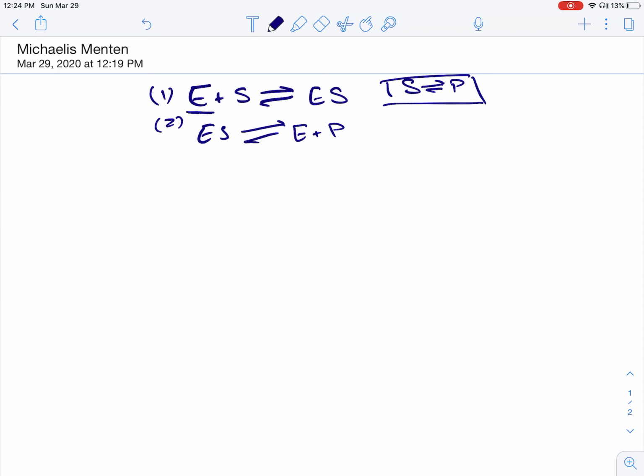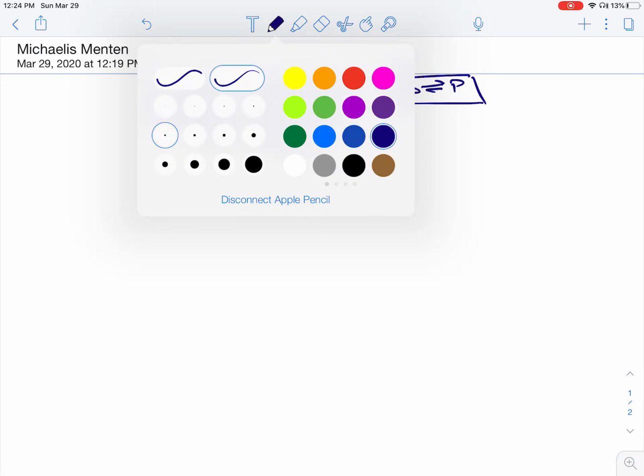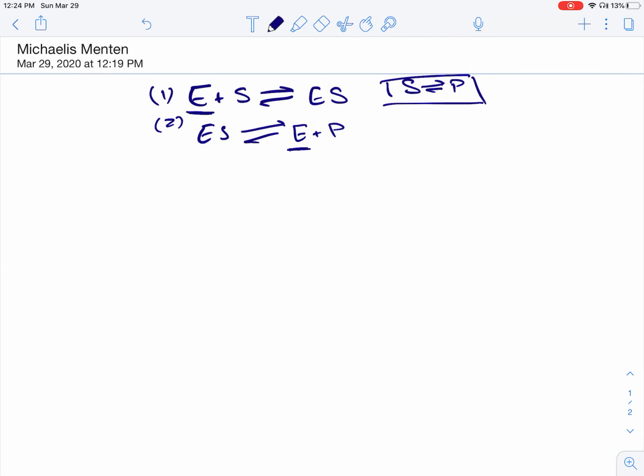And so here you're starting with E, and you're ending up with E over there. So the enzyme comes out exactly the same. The substrate concentration is a temporary kind of thing. So most of the time, we write this all out as one formula.